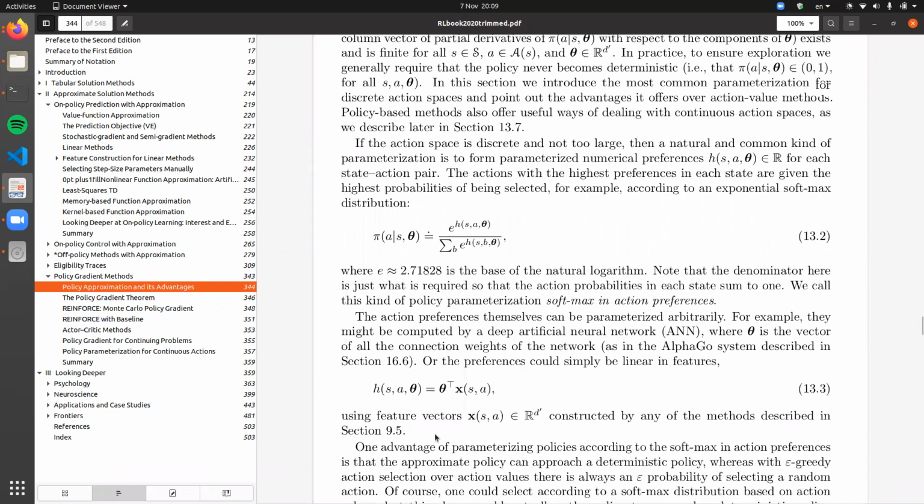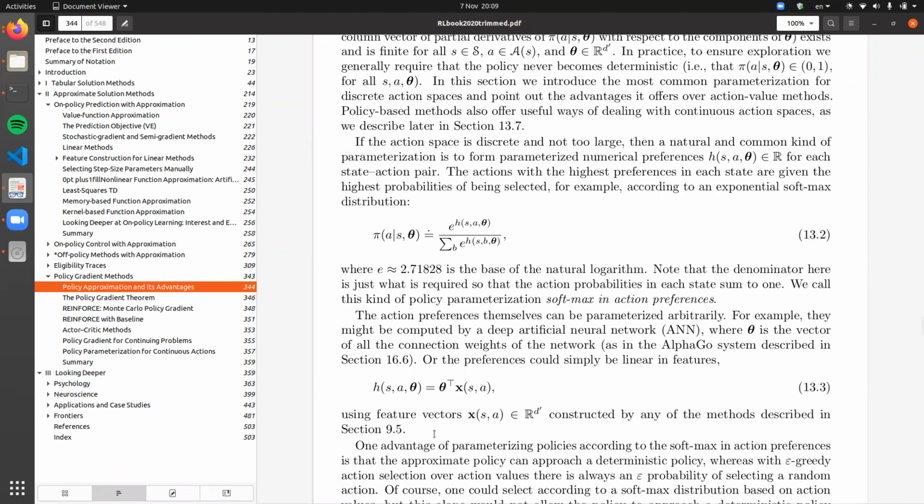The most common way to get a distribution from some logits is to apply a softmax. Probably if you are used to supervised learning, you know this expression very well. In this case, our policy would be parameterized by softmax, where in the numerator we have an exponential of this H, which represents the preferences.